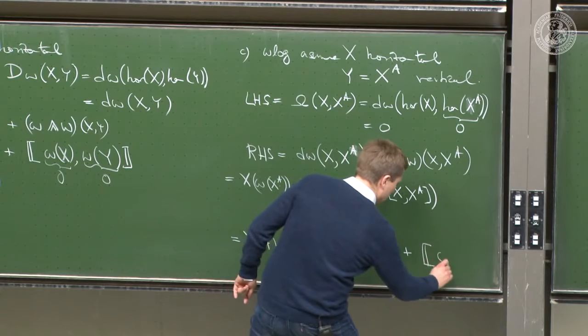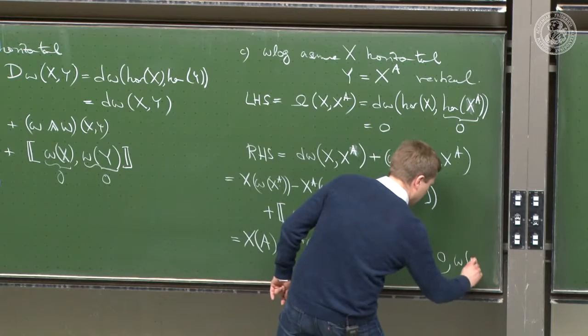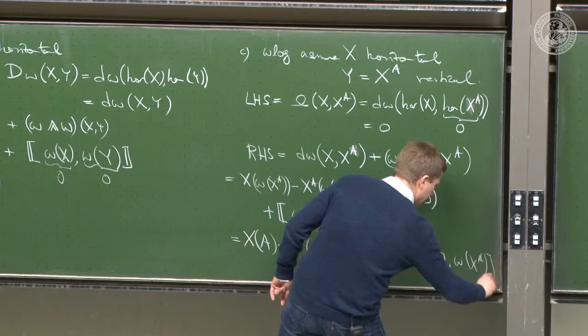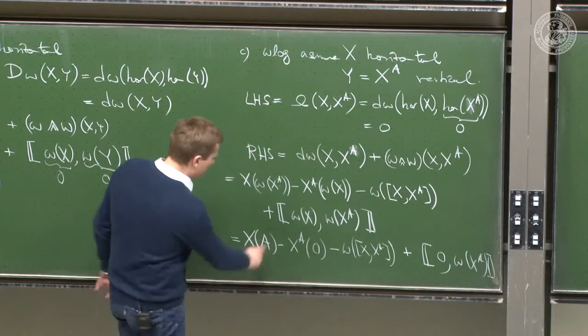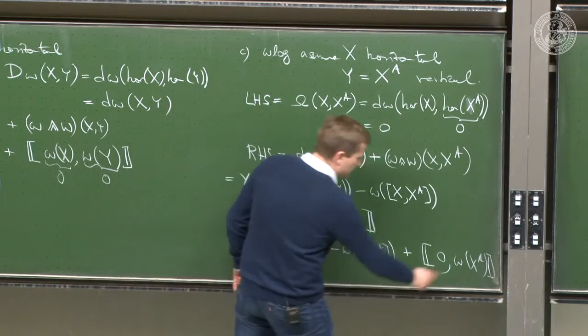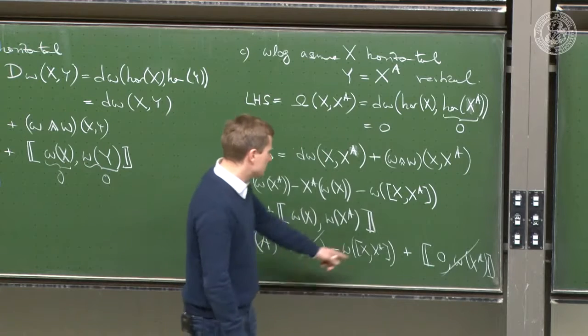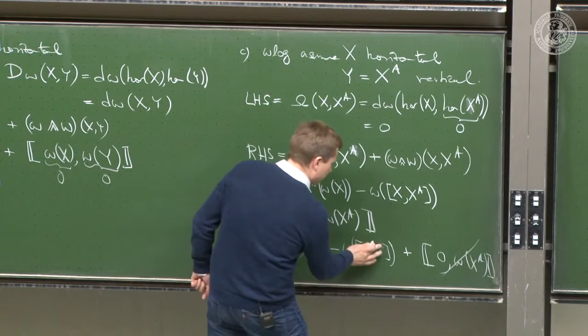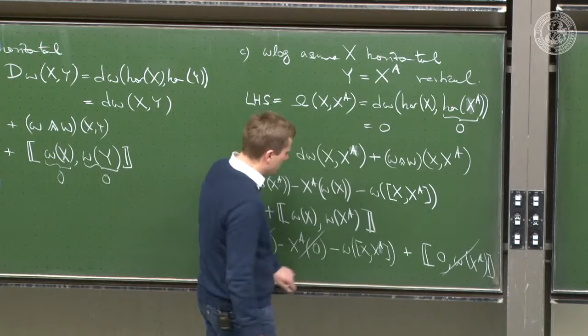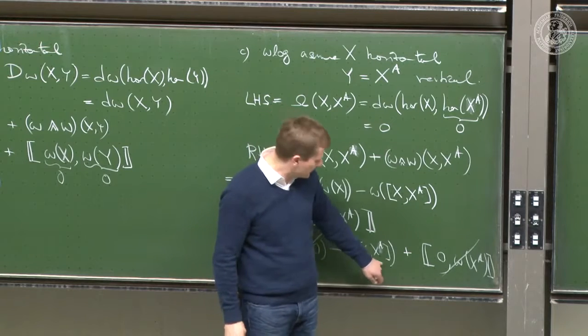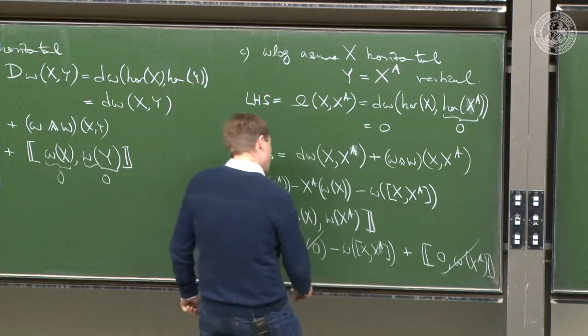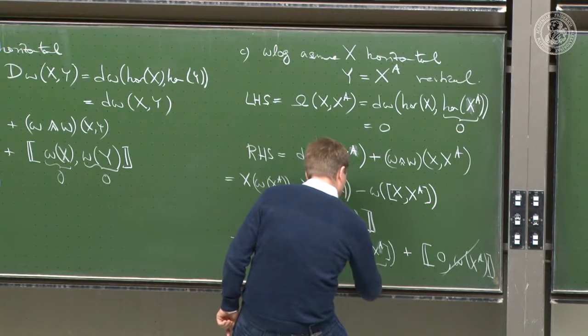So I just don't need to, well, let's write it out for completeness, but it's clear that this guy goes, and this guy goes. So this must go. How could this go? Well, it's a fact that the commutator of a horizontal vector field with a vertical vector field is again horizontal. So this is again horizontal.